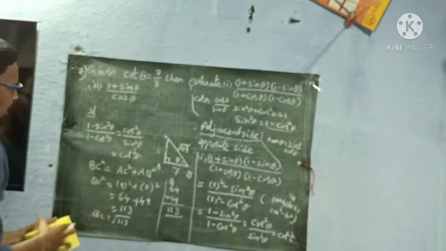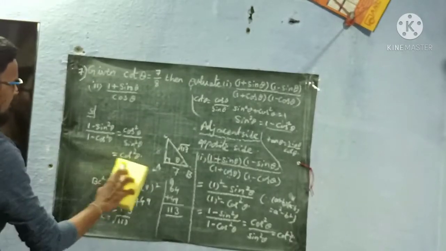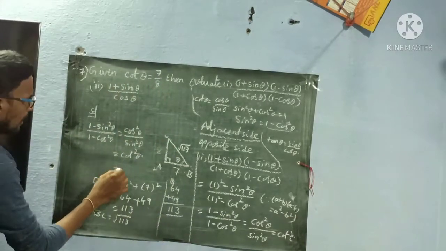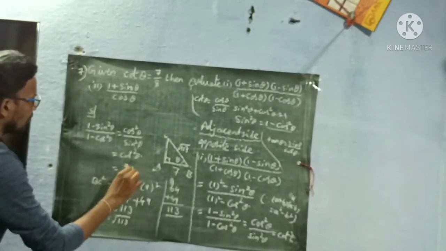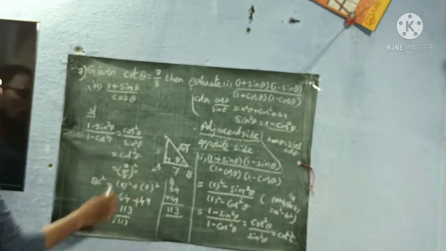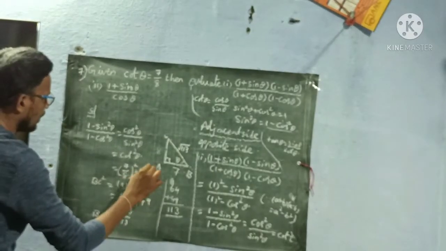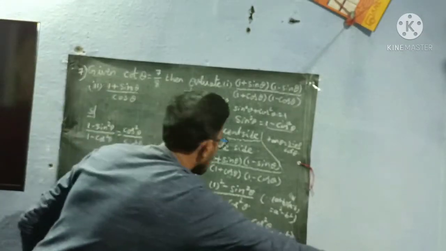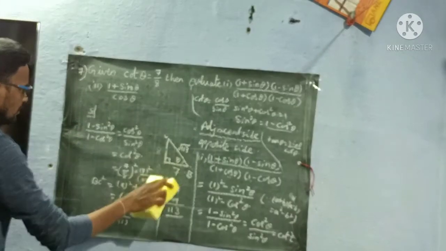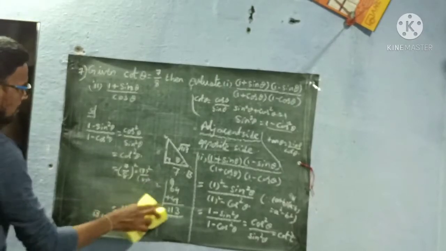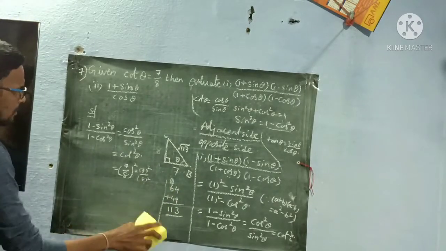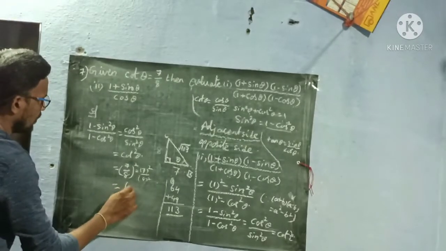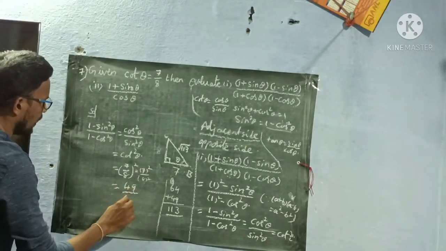How much is the cot θ value here? 7 by 8. So that is equal to (7/8) whole square, which is 7 square by 8 square, so 7 square is 49 by 8 square is 64.